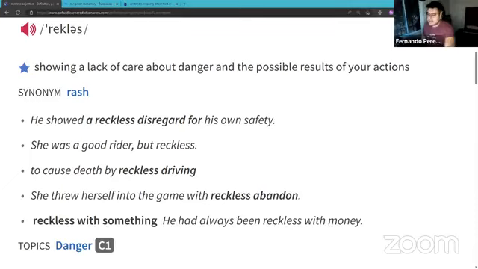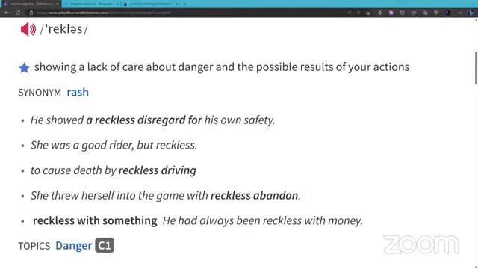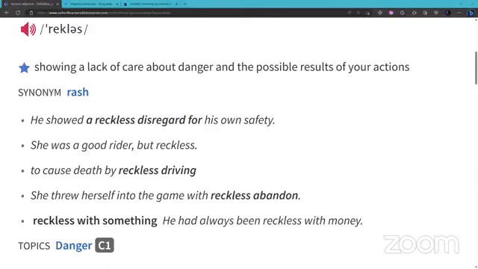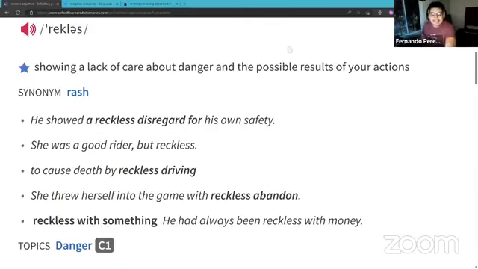Do you understand reckless? Yes. What would be the opposite of reckless? Taking importance. Okay. To care about something. Well, this is interesting. The antonyms and synonyms cannot be of another family.